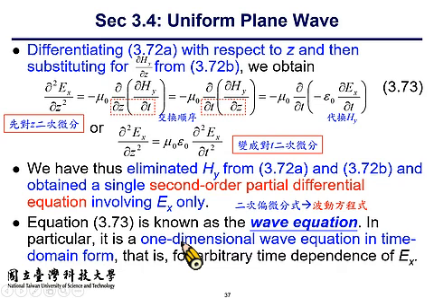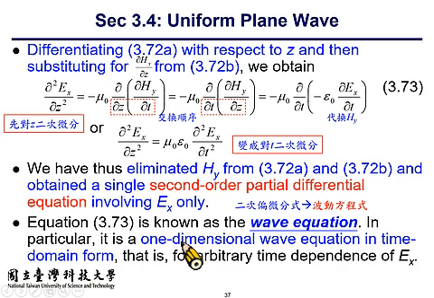Then, as you can see, in the small parentheses is the del Hy over del z. Then you can substitute this relationship in here. So it becomes minus mu sub 0, and again you have minus epsilon sub 0 del Ex over del t.